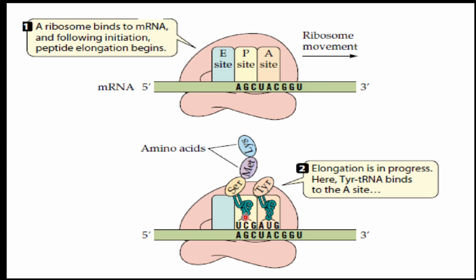Meaning the acceptor site is going to be empty at the moment. It will be very ready to receive another transfer RNA. So basically that is what happens. And this is why this is more like the elongation process, the elongation step.